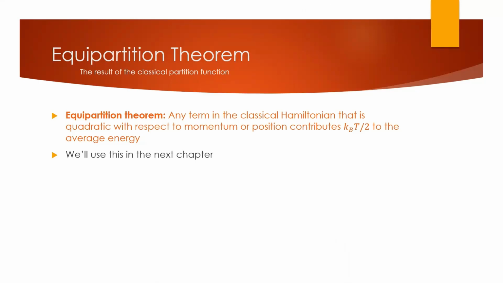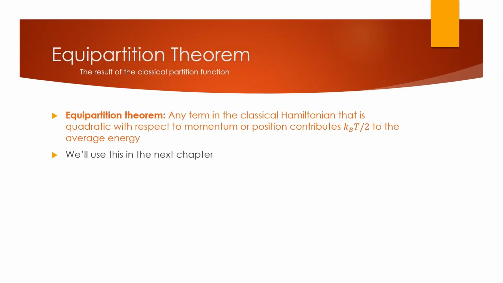Each translational and rotational degree of freedom has one such term that contributes quadratically with respect to momentum or position. And so each of those will contribute 1/2 kT to the energy. And vibration has two. It has the potential and the kinetic energy. So each vibrational degree of freedom will contribute kT to the energy.